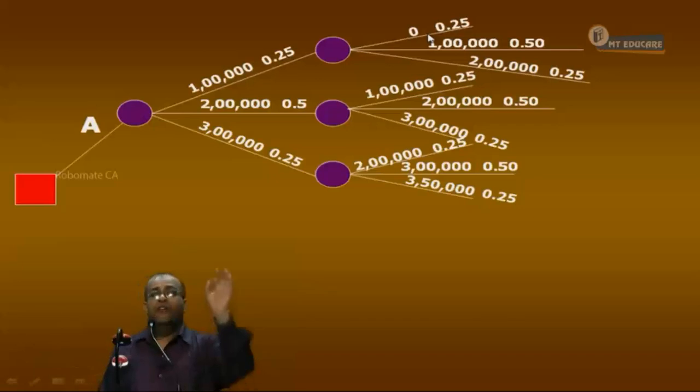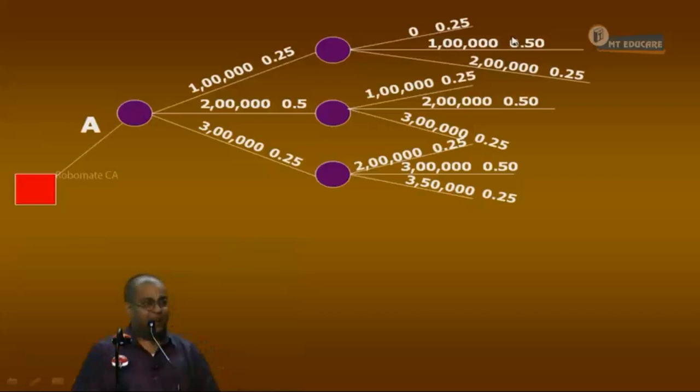Now, for example, just do one small calculation for you to understand it. 0 into 0.25 plus 1 lakh into 0.5 plus 2 lakh into 0.25. This particular tree is going to be how much? 1 lakh. I expect 1 lakh at the end of what?